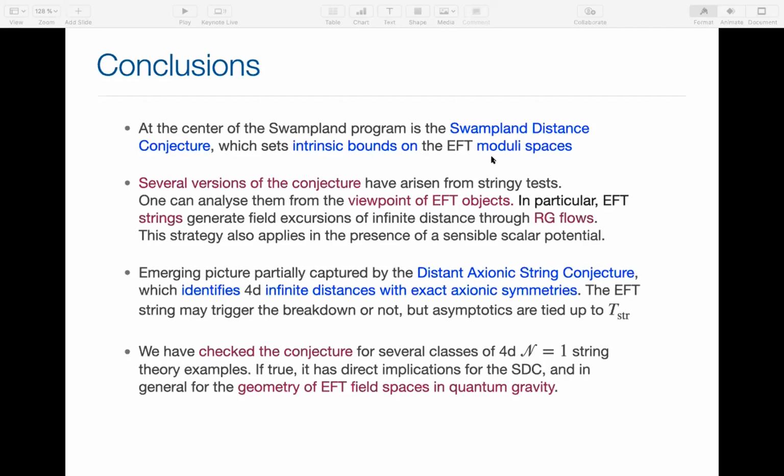Okay, Jakob, you have a question. Hi, Fernando, thanks for a nice talk. You mentioned that not all string charges are what you call EFT strings, because for some values, some sections run to strong coupling instead of weak coupling, right? Have you thought a little bit in the orthogonal direction about what these strings are?